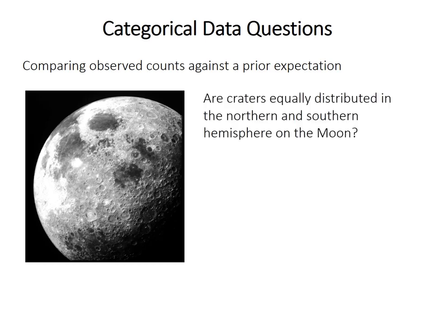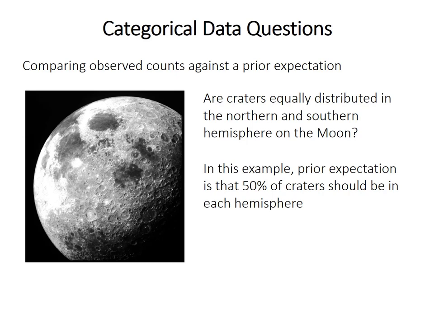So for example, in this somewhat contrived question here, are craters equally distributed in the northern and southern hemisphere on the moon? Well, both hemispheres are the same size, and therefore each makes up half the surface area of the moon. So our simplest expectation might be that 50% of the craters should be in each hemisphere. We could have a more sophisticated expectation, but at the simplest we can say, okay, we should have half in the northern hemisphere, half in the southern hemisphere.